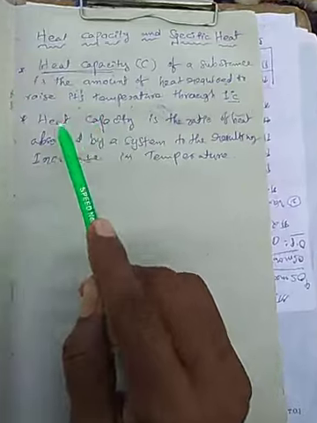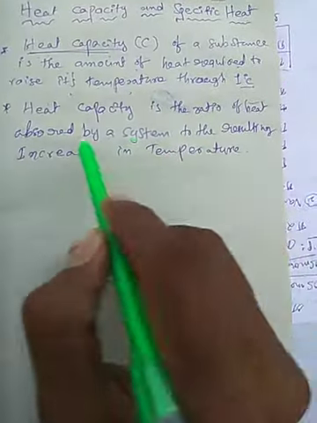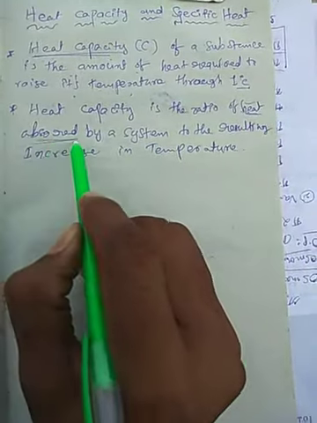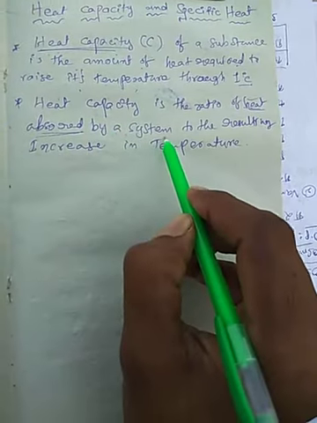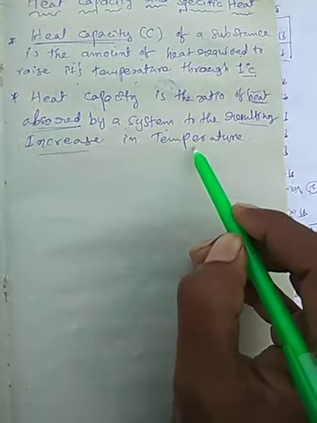See that the heat capacity is the ratio of the heat absorbed by the system to the resulting increase in the temperature.